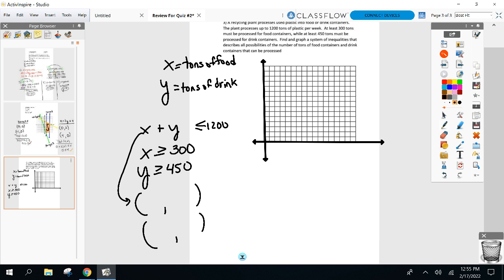What are your intercepts for that first one? 1,200 and 1,200, right? You should have 1,200, 0, and 0, 1,200. So you better have 1,200 on the X and the Y.